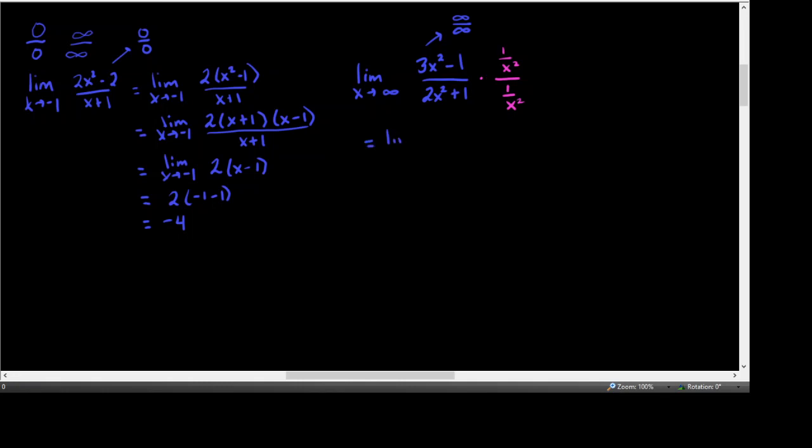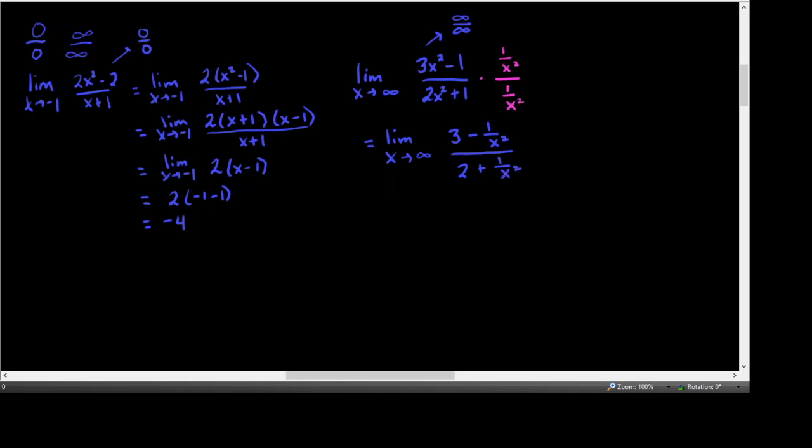Of course, this is all review. This is stuff that we already know how to do. If I distribute the 1 over x squared, I get 3 minus 1 over x squared in the numerator. And then distributing 1 over x squared into the denominator, I get 2 plus 1 over x squared.